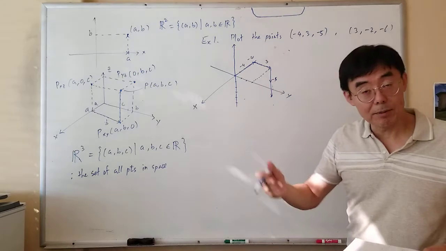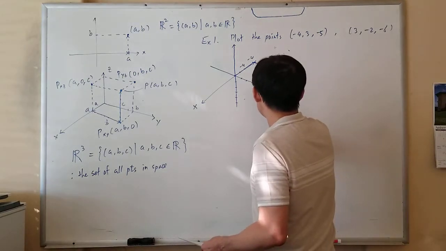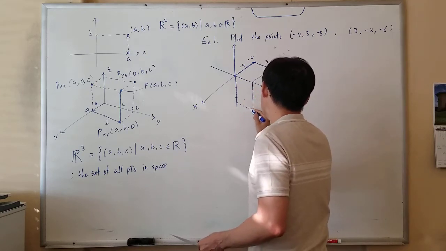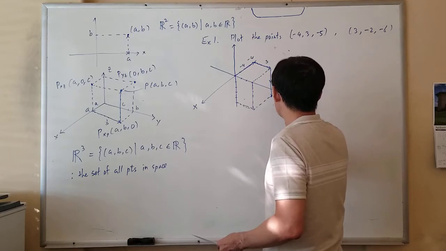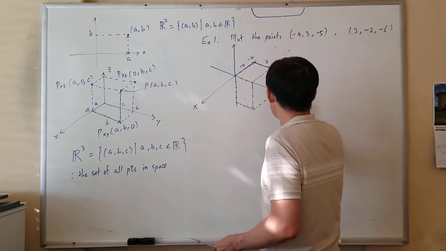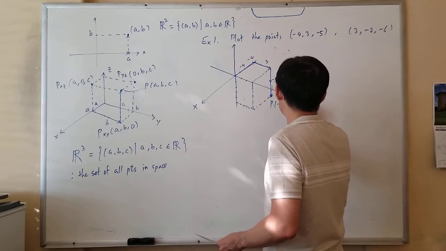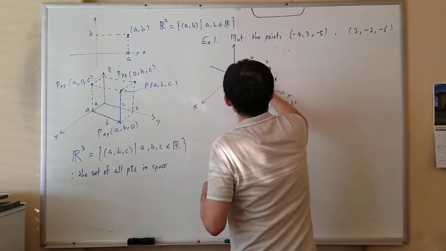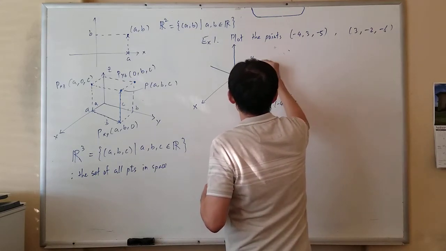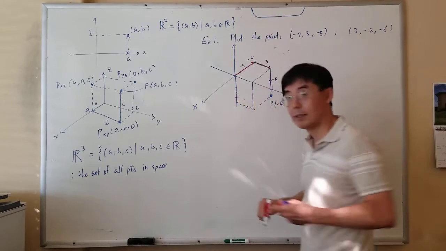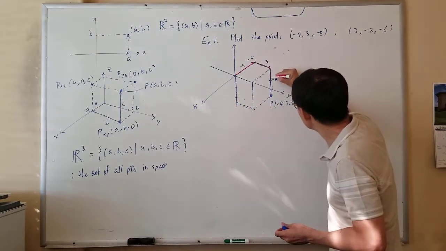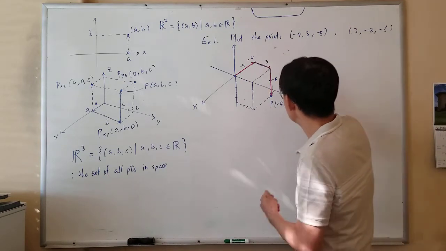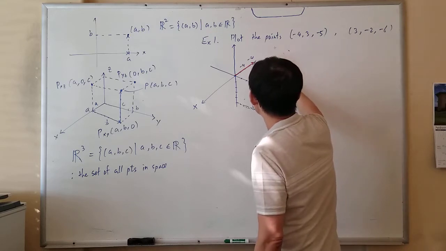Now to have some three-dimensional feel, you could do the same distance 5, and then this is the point (-4, 3, -5). The main part is minus 4, then parallel to the y-axis to the right 3, and down by 5. The others are just to give you the feel.